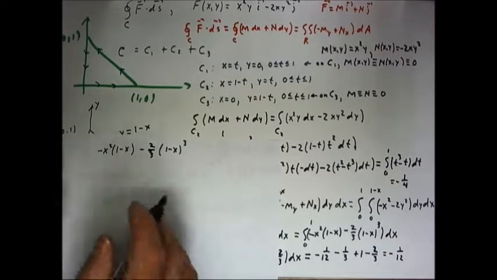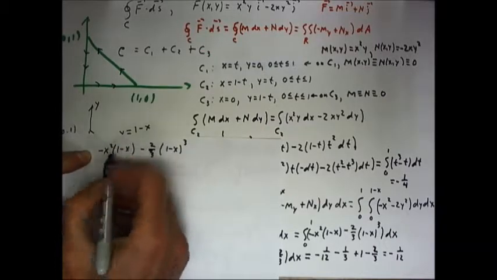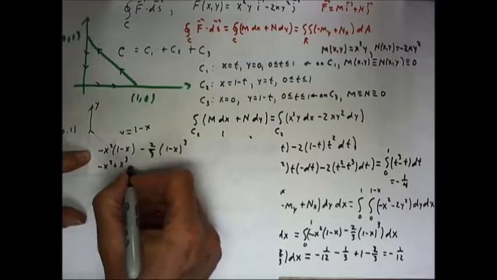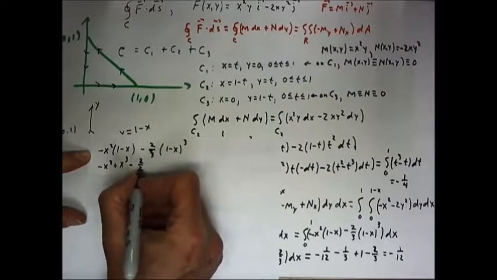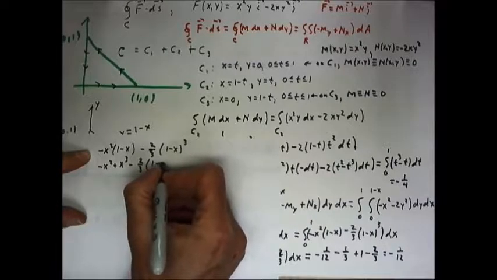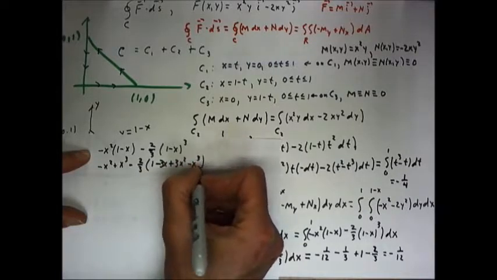Okay, let's write this out just to be careful. Negative x squared times 1 minus x is negative x squared plus x cubed. Negative 2/3 of 1 minus x cubed is negative 2/3 of 1 minus 3x plus 3x squared minus x cubed.